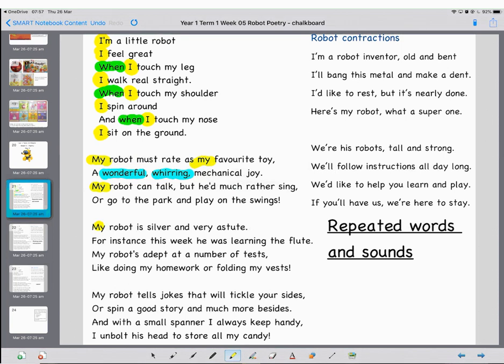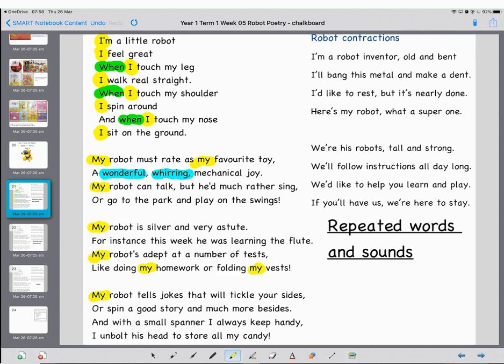My robot is silver and very astute. For instance, this week, he's learning the flute. My robot's adept at a number of tasks like doing my homework or folding my vests. My robot tells jokes which will tickle your side, or spin a good story, and much more besides. And with a small spanner I always keep handy, I unbolt his head and store my candy.